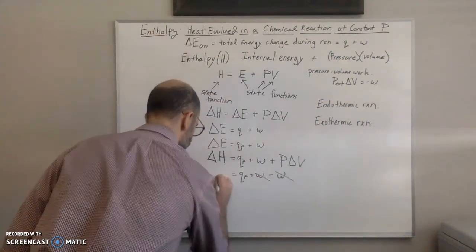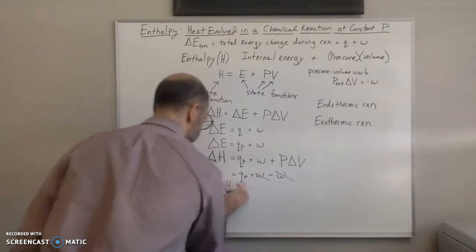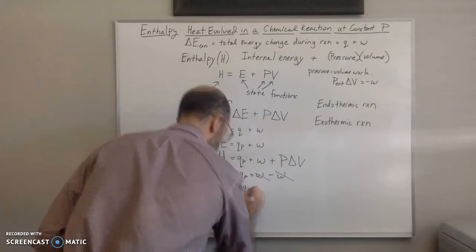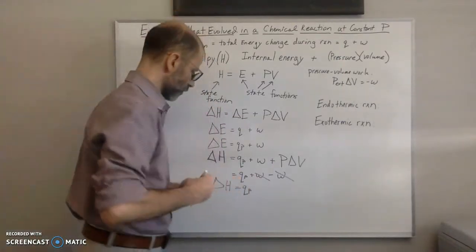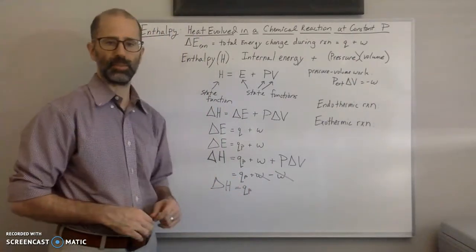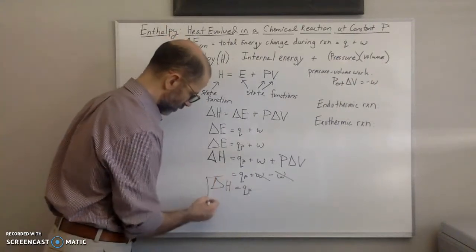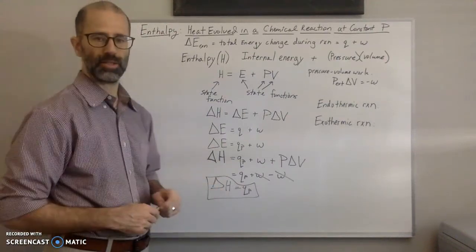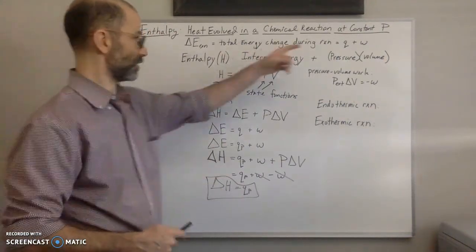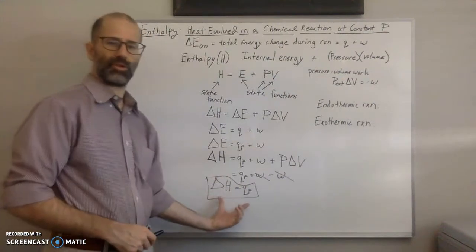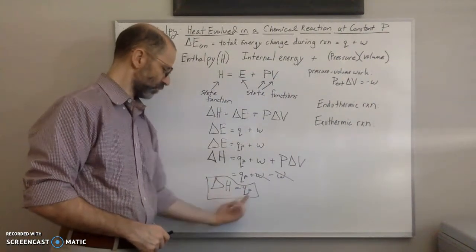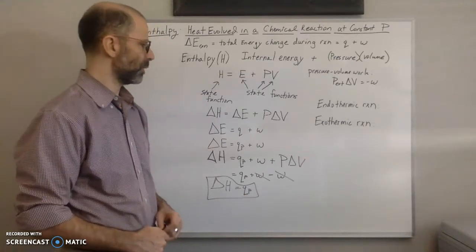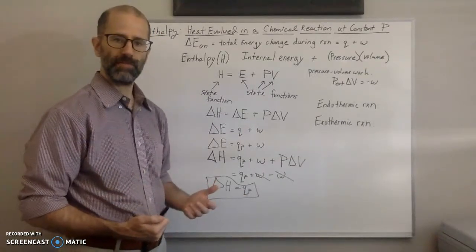So here we have delta H. The change in enthalpy is going to be equal to the heat evolved or absorbed under constant pressure. So this is what is important for us. So as you can see, under constant pressure, the change in enthalpy ends up being the Q value under constant pressure. Okay, I hope that's clear.